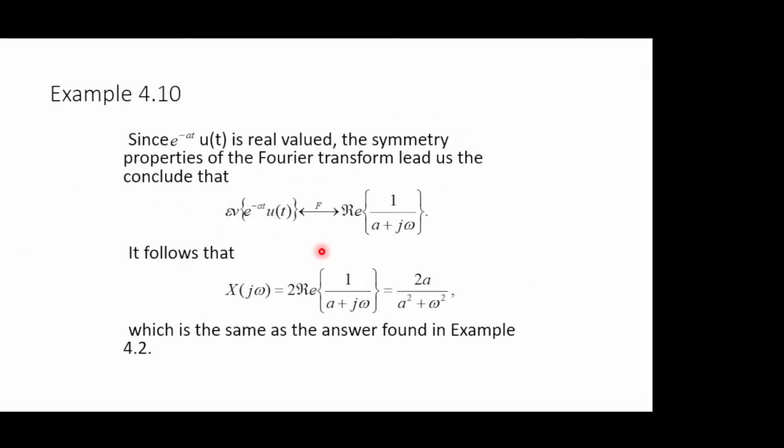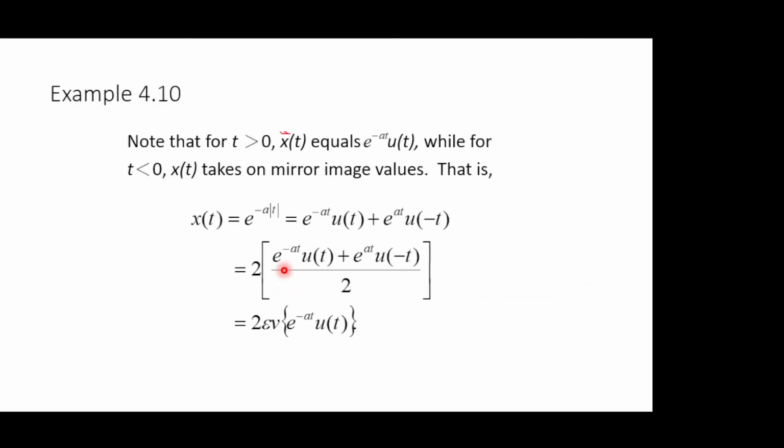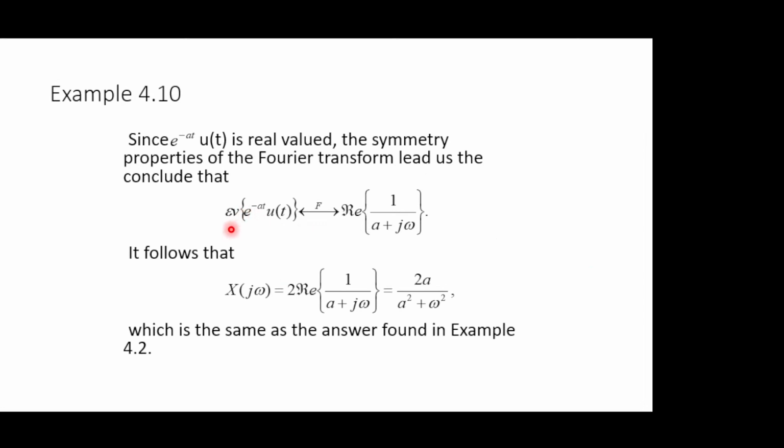Then we can do the analysis we had before. We want to take the Fourier transform of the even part of this one-sided exponential decay, and from what we said before, the Fourier transform of the even part corresponds to the real part of the Fourier transform. So you can just take the real part.